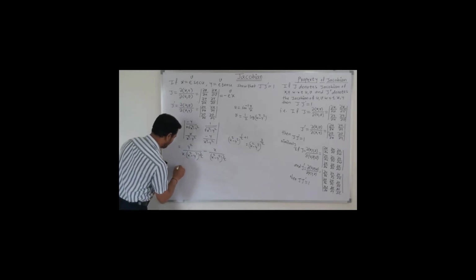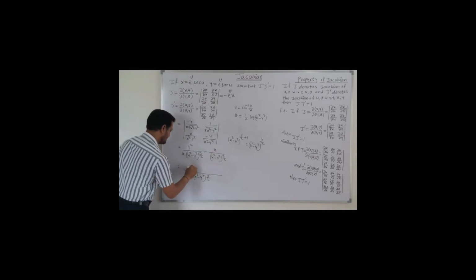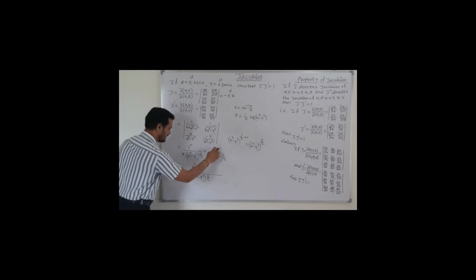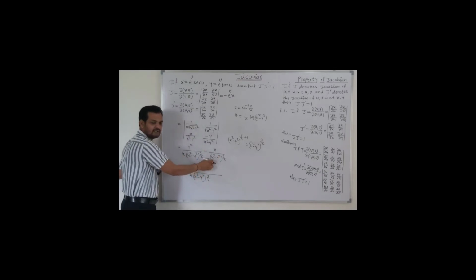So once again, friends, try to simplify here. If we take this term common, then we get x into x square minus y square raised to 3 by 2 common. But here x is additional, so take the product of this term. So we get this as y square minus x square. We multiply this x by this term because x is absent in the denominator, and we take this denominator as common.